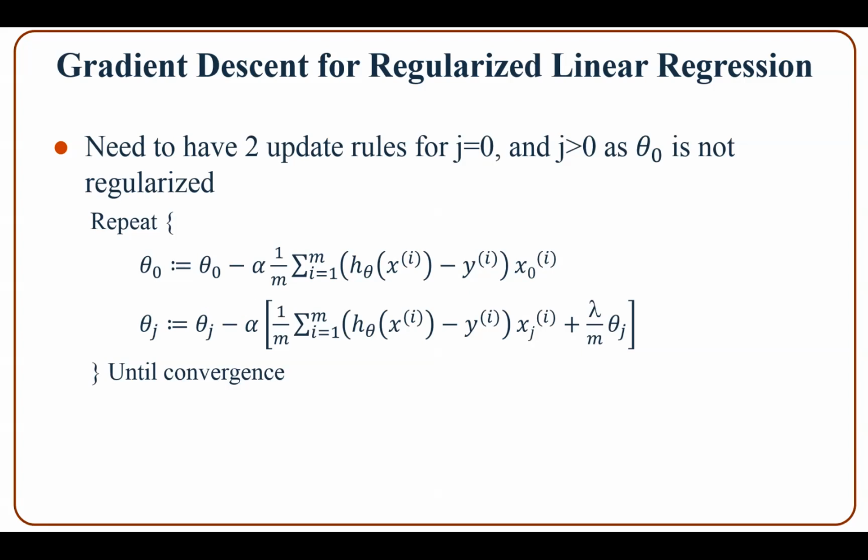Now we look at the gradient descent algorithm, and here we need to have two update rules. One for theta naught, and another for the other thetas, because theta naught is normally not regularized. So this is the gradient descent algorithm.